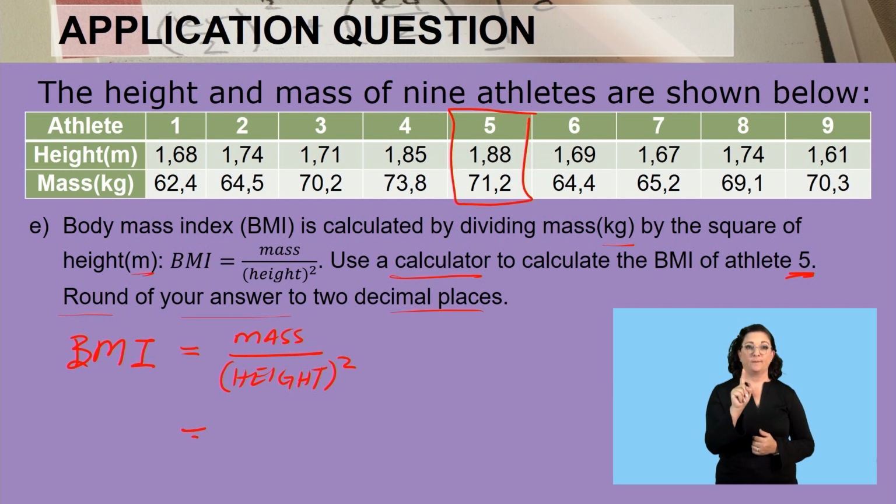So what's athlete number 5's mass? It's going to be 71.2. Then we divide by 1.88 squared. Does it make sense? Just going to give you a second to punch your calculators.